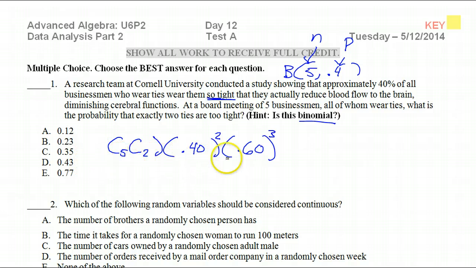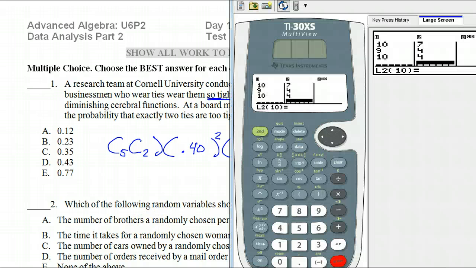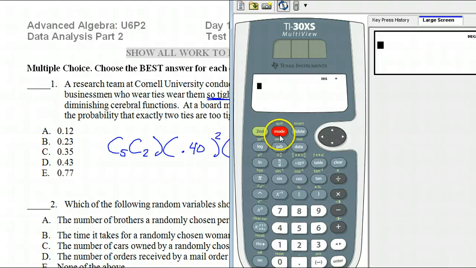Put that in your calculator and press those buttons. Yeah, I'll do it along with you, why not? So get into a blank area, open parentheses, 5, PRB, and I can do option 2. That's how you do 5 choose 2. That's your first set of parentheses. Open parentheses, 0.40, or I could have just put 0.4, squared, because it's to the second power.